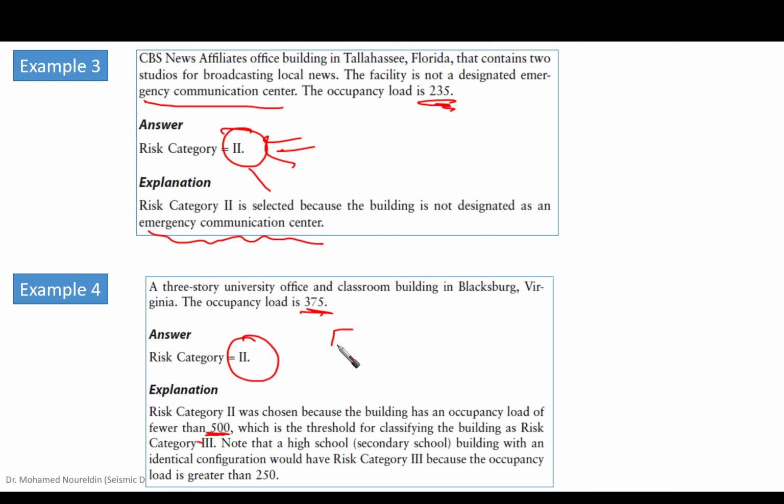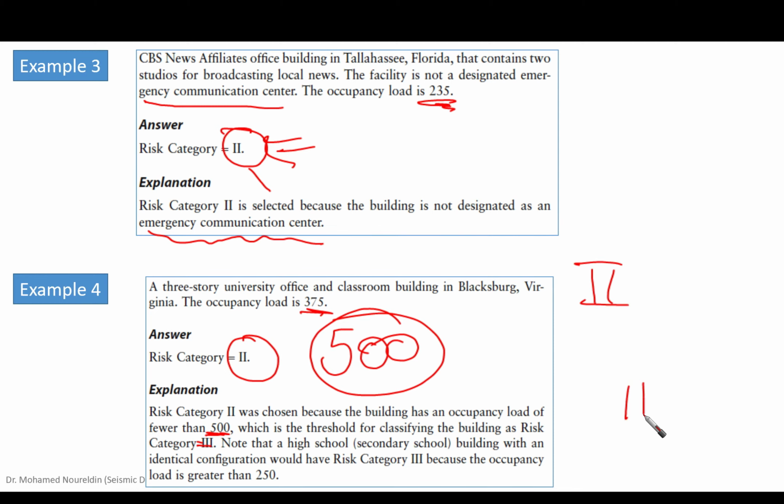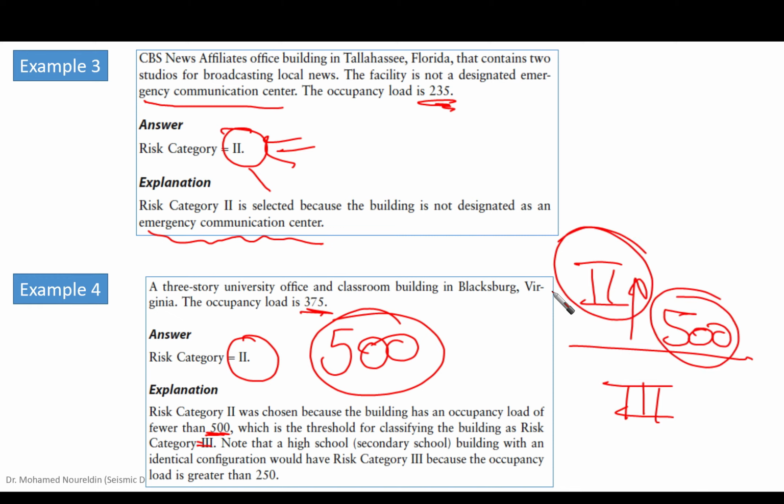There is a limit of 500, so this means that it would not go to risk category 3, which is the threshold for classifying the building as risk category 3. So between risk category 2 and risk category 3, there is a threshold here, which is 500 occupants. If it's less, then it is going to be 2. If it's larger than 500, it is going to be 3.